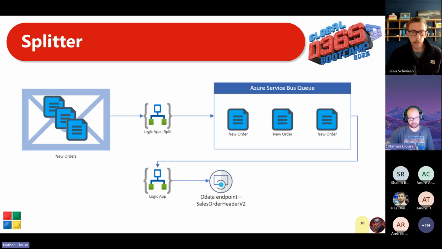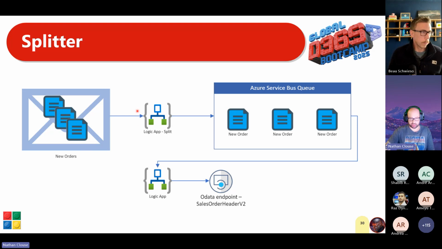Next is just a splitter pattern. So again, from an inbound workload, we don't know exactly what kind of file we're going to get or what it may present as or what it would look like. So when doing integrations, this is an example of a multi-step process. We may get a set of orders that is represented as 3 orders here. And I don't want to process 3 orders at a time. I want to process 1 order at a time because I can have a logic app that just processes 1 message at a time.